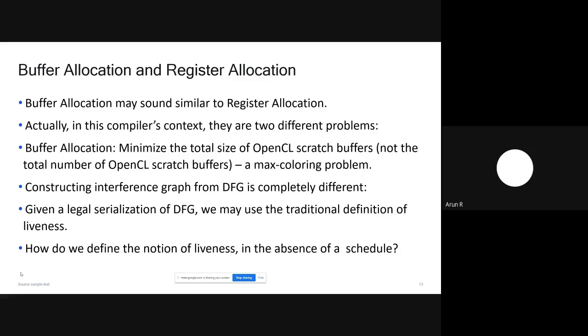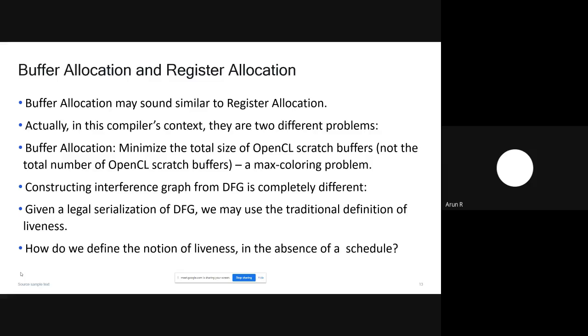Our aim is to minimize the total size of OpenCL scratch buffers. It's a max coloring problem. We are not trying to minimize the total number of OpenCL scratch buffers, but the total size of OpenCL scratch buffers.